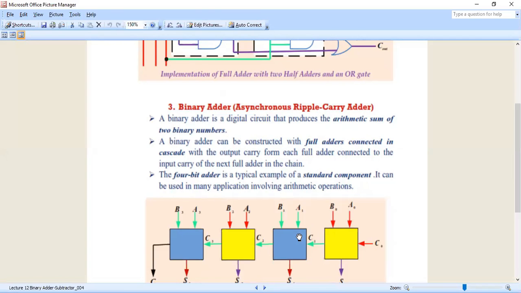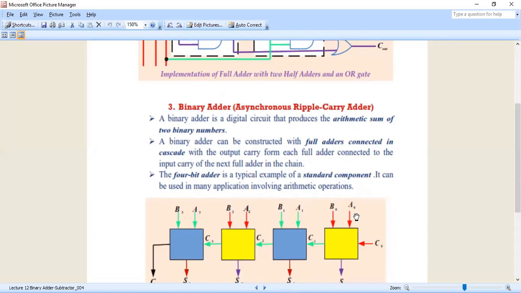So cascading. Here, what value did I tell you? What is the a value here? 1011. So here this is a0, a1, a2, a3.